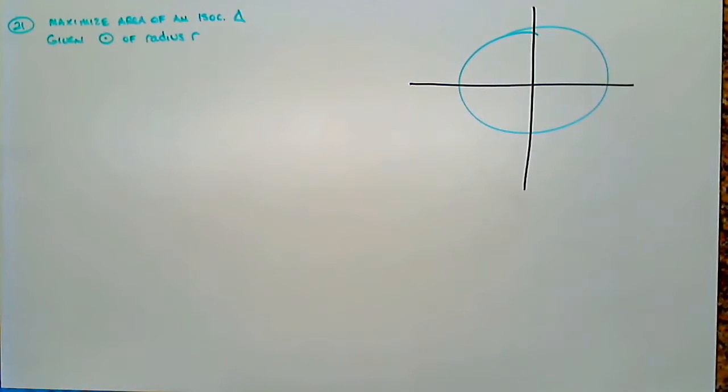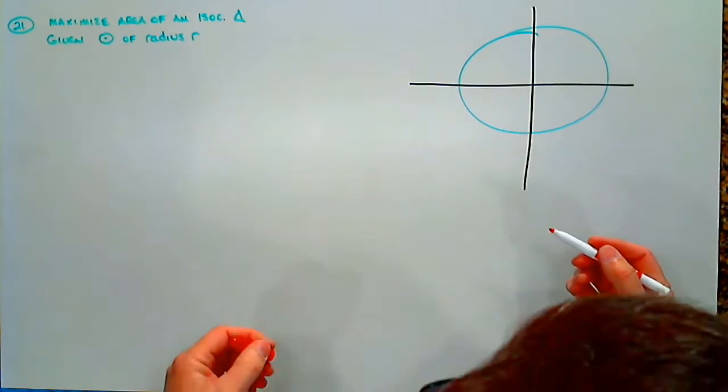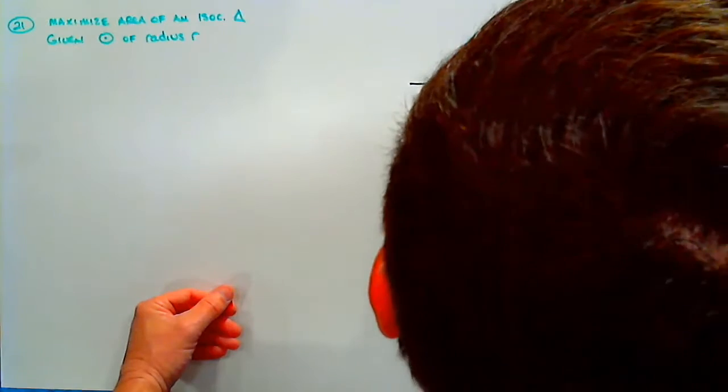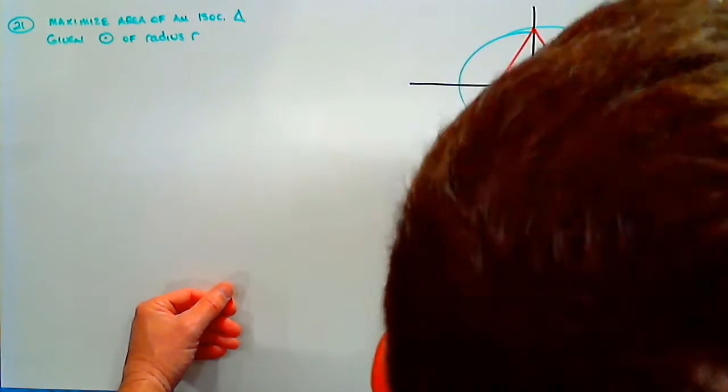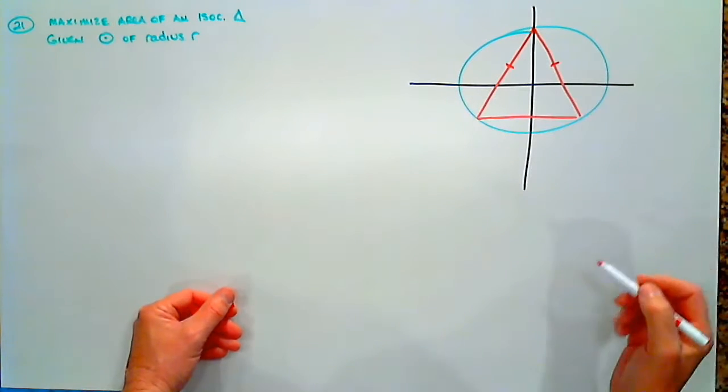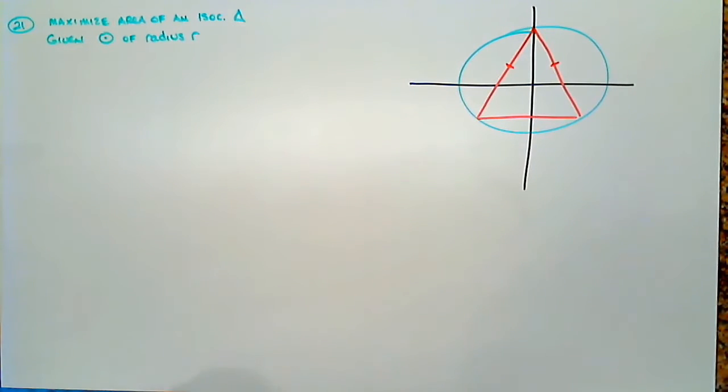So if we have a circle, the radius is r, and we put an isosceles triangle in here. So what is an isosceles triangle? Well, an isosceles triangle means that this side and this side are congruent. Those sides are congruent.